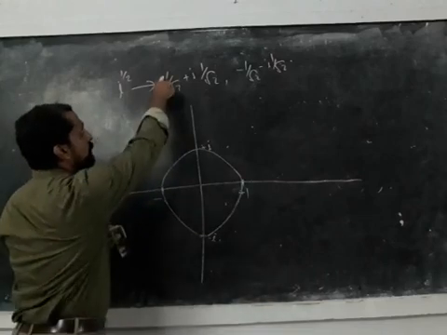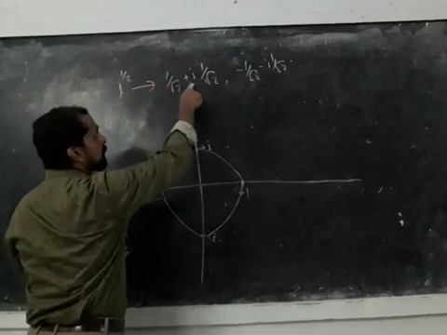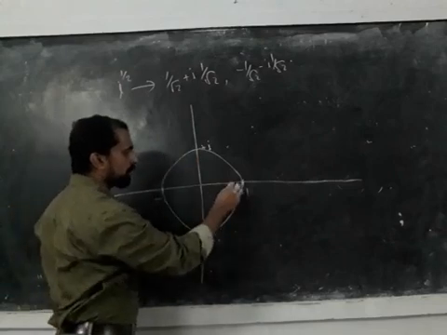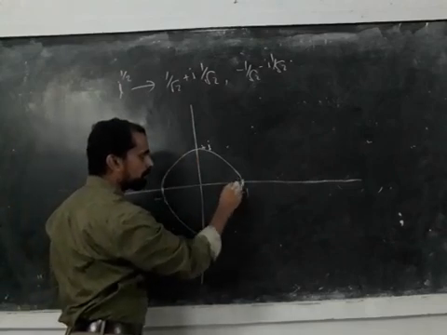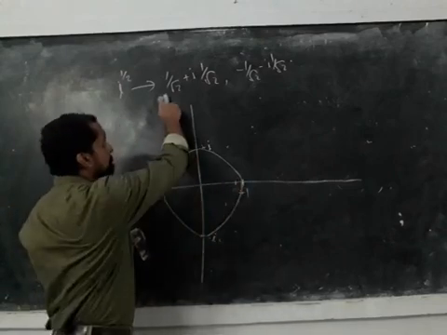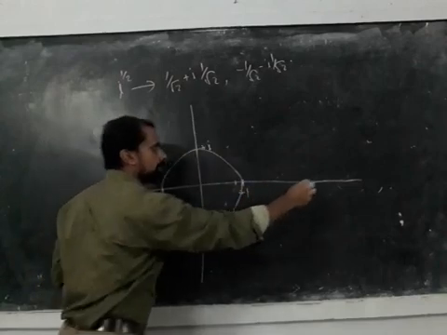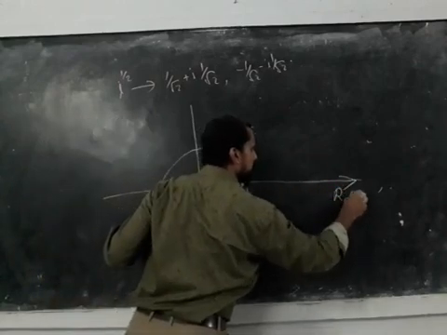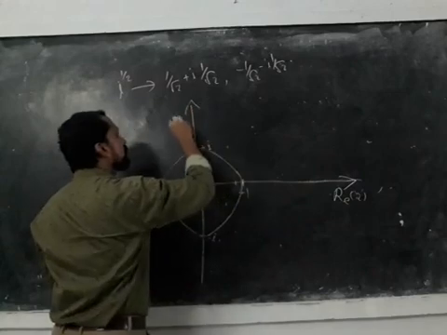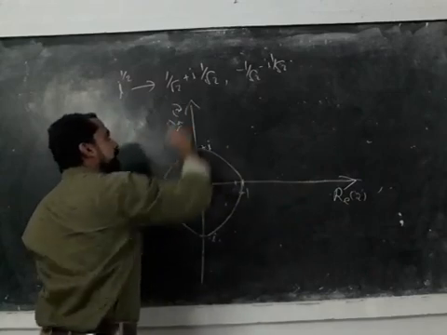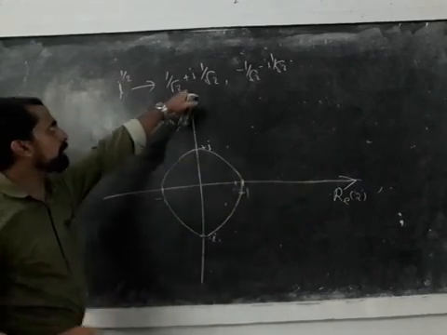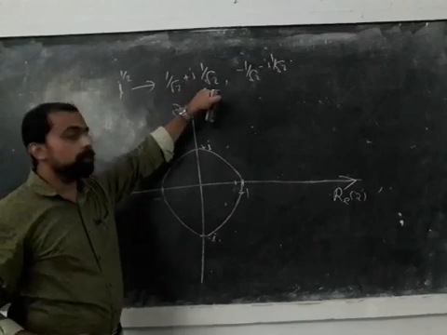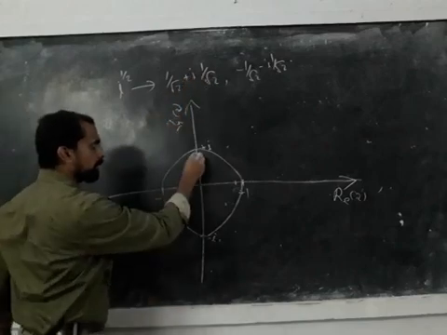The first root is 1 by root 2 plus i 1 by root 2. So 1 by root 2 will come somewhere here on the real axis. This is your real z, and this is your imaginary z, and i into 1 by root 2 will come somewhere here.